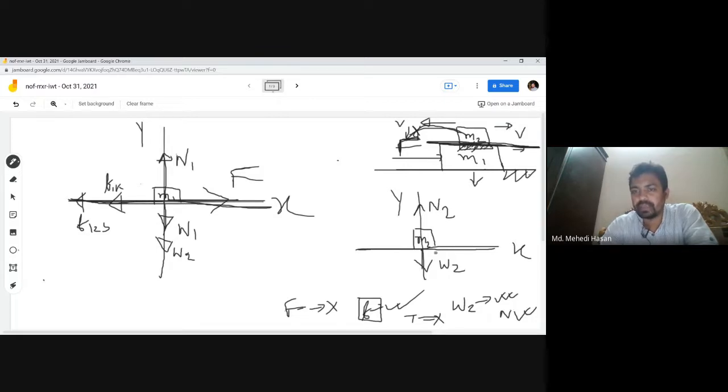So that's why the friction will act along that direction, which is F21s, and F12s and F21s are equal. So this is the free body diagram for M2.